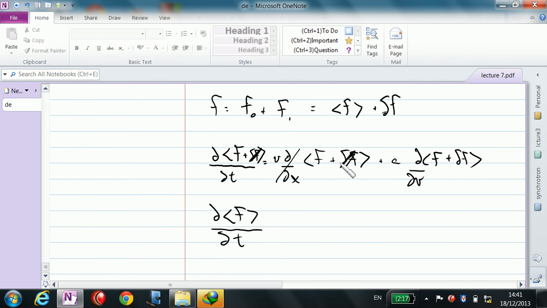F0 means that it solves the Vlasov equation, right? No. F0 does not mean it solves the Vlasov equation. So why take this as F0?